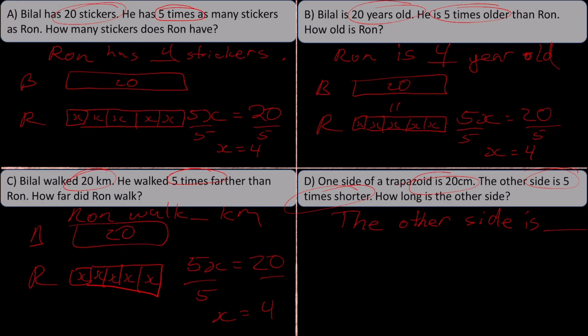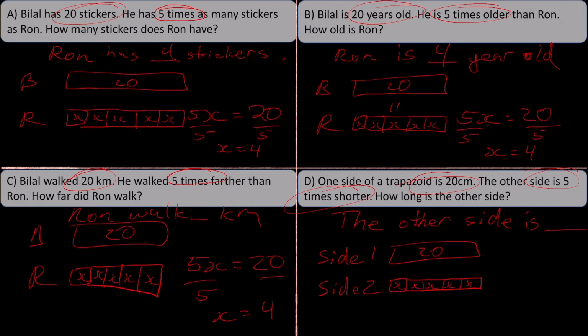I just don't have the room. Okay, so side 1 is 20 centimeters. Side 2 is 5 times shorter. So to set them to the same length, again, exactly the same process.